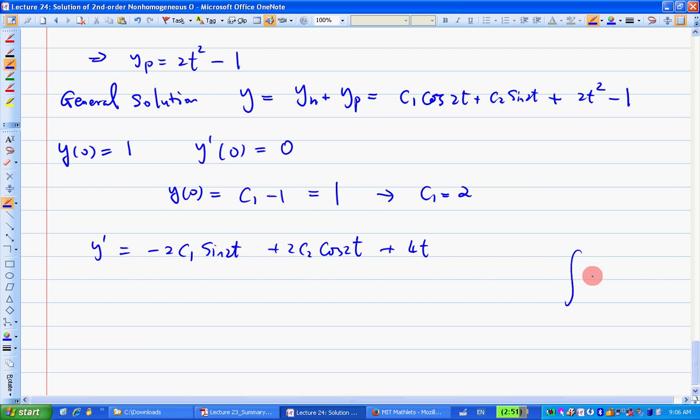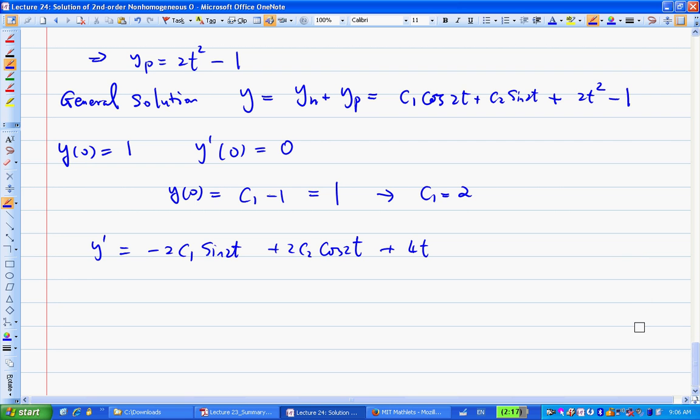Same with this, e to the power of negative, let's say 2 tau, integral gives 1/2 e to the tau. Again 5 to 10 students, which is not that bad, said it equals 1/2 of this, right? So you made this kind of mistake. Please don't make this kind of mistake.